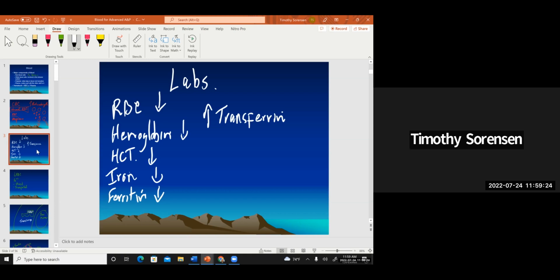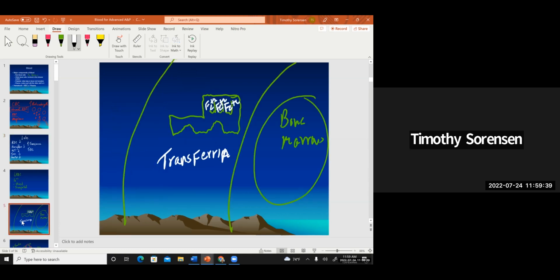Then the other thing that they do is they do what's called a total iron binding capacity. The total iron binding capacity looks at transferrin. And remember that transferrin is the protein that transports iron around in the blood.